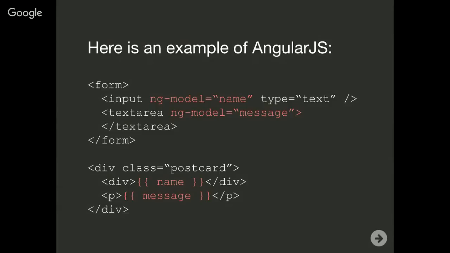And so this is an ng-model attribute and another model for the message. And then you will see if you look at the source code, all these spots with curly braces around them. So what happens is when you make an update in the model, the spot in the curly braces is going to get updated to the proper data.